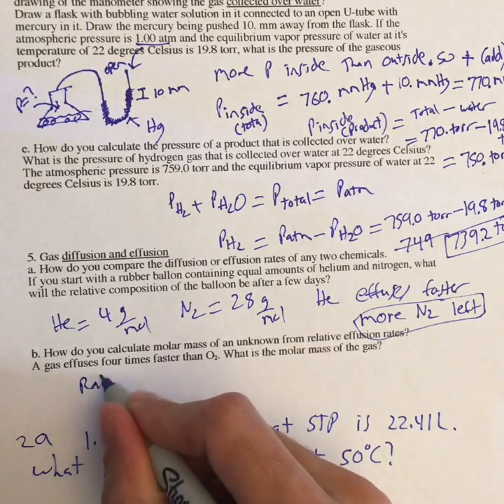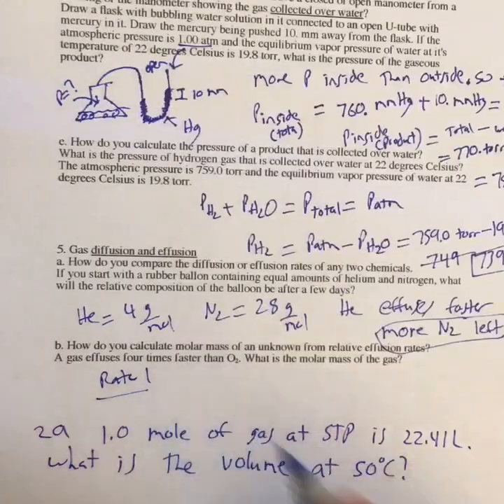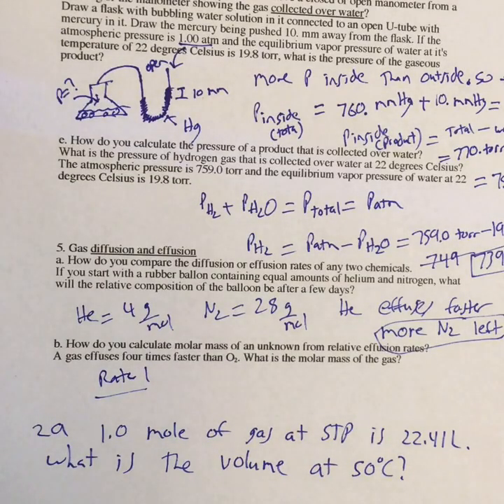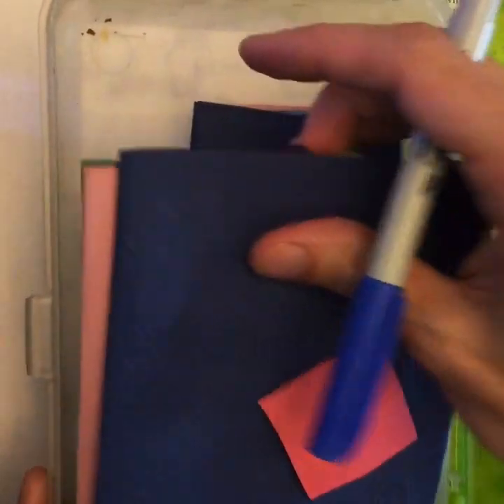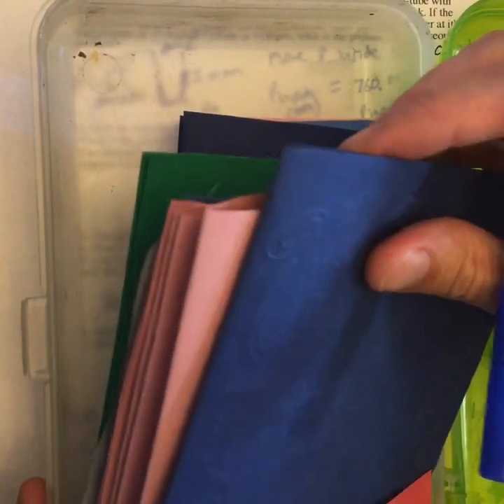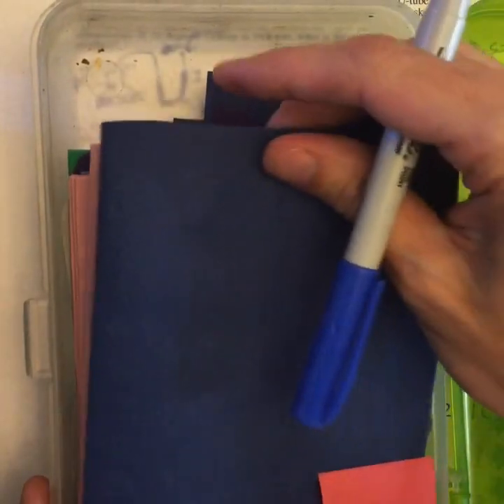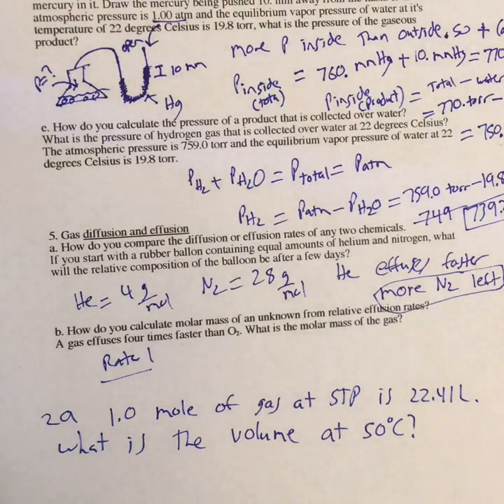So the equation is rate of one gas. Yes, honey? These are all the ones we did. Whoa, that's a lot. Some of them are just normal papers with stuff on it. See, this one is not filled out. You want to show my students all the ones you made? Yeah. Whoa, a whole box of these. I don't know how to say that word. Embossed cards. Wow. Very cool. Good job, man. Do you want to see all the designs? I want to see all the designs.